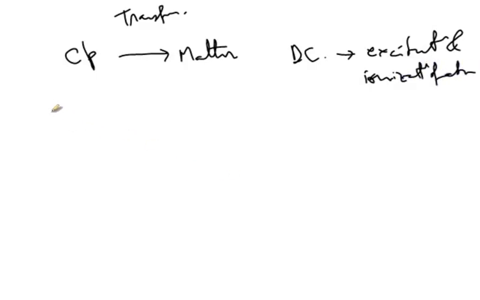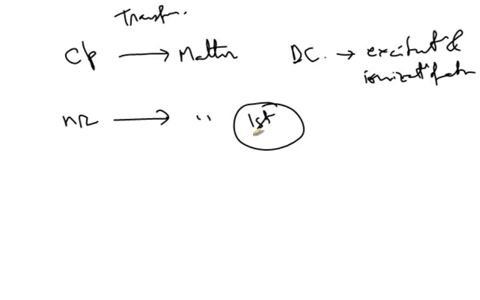What about neutral radiation? How does it transfer? Neutral radiation, on the other hand, has a two-step process. The first step is that they must undergo some sort of reaction inside the detector, where some charged particles will be produced.